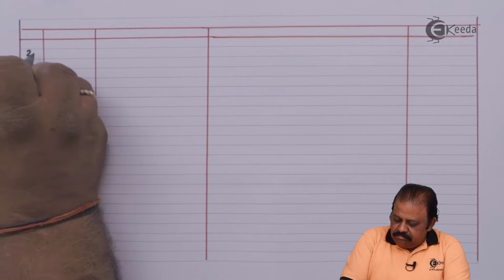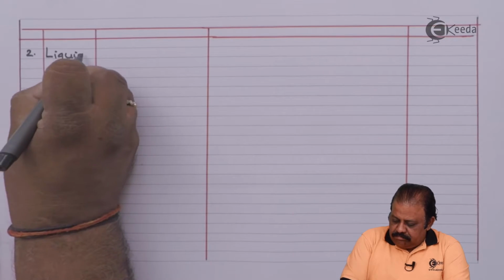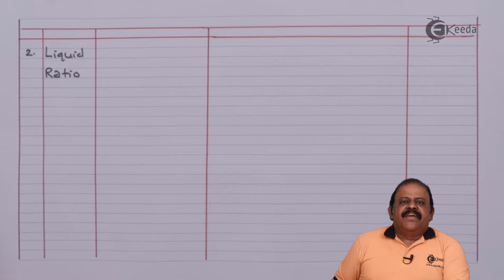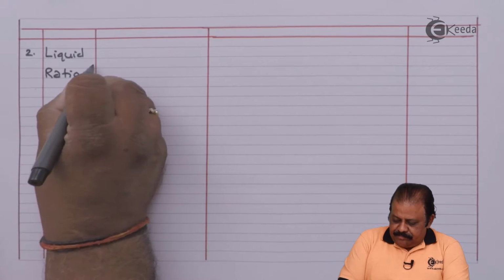Next ratio we have liquid ratio. Formula for liquid ratio is liquid assets upon liquid liabilities.